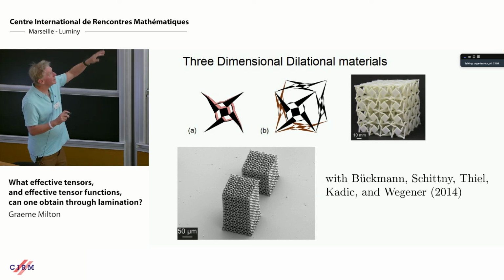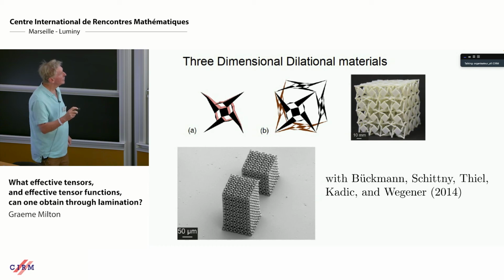And you can extend these ideas to 3 dimensions as well. You've got this structure here, and things rotate so that the points here always form a square, and you can tile a cube with those.